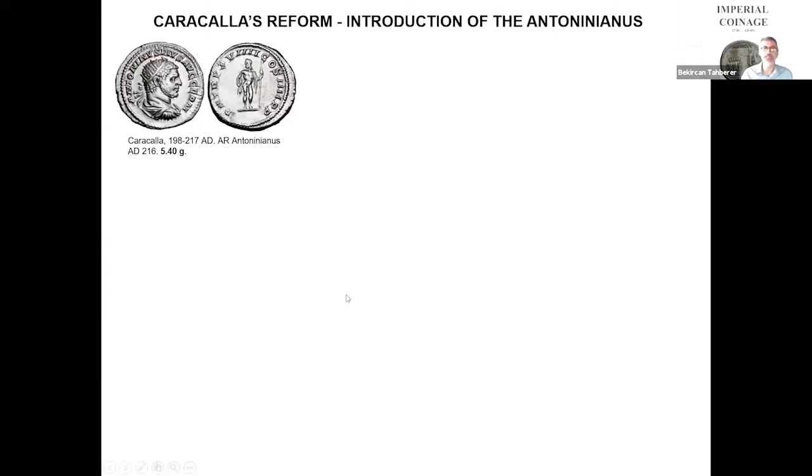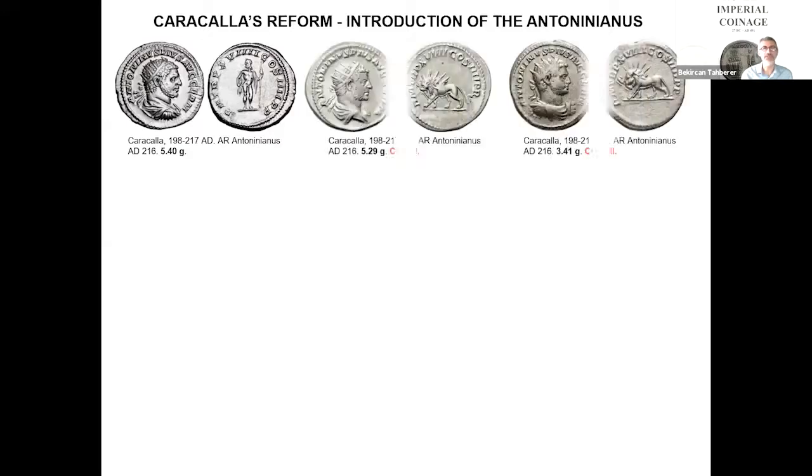It was always under 6 grams. If you could find one that is over 5 grams, it's really rare. So here is one that is 5.40 grams. And here, 1 year apart, you can see how the weight reduced. This is COS 3, 5.29 grams, and this is COS 4, 3.41 grams.